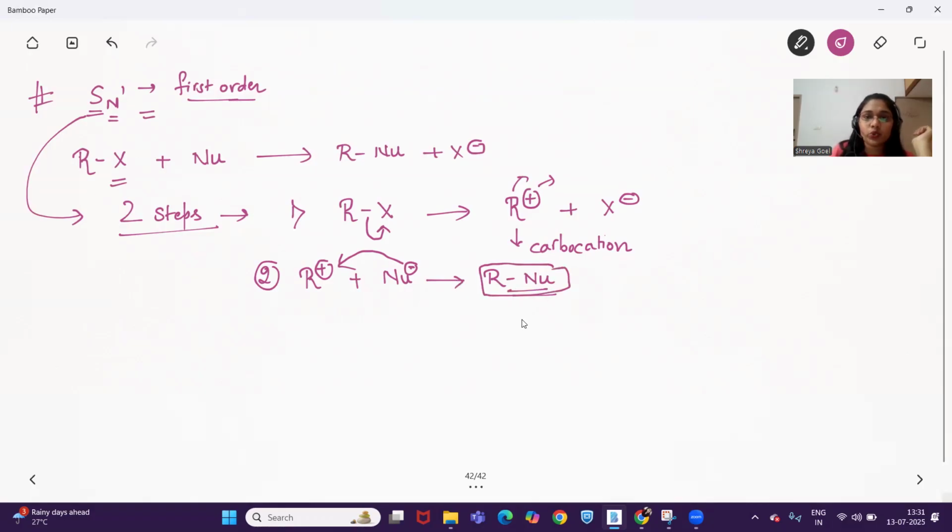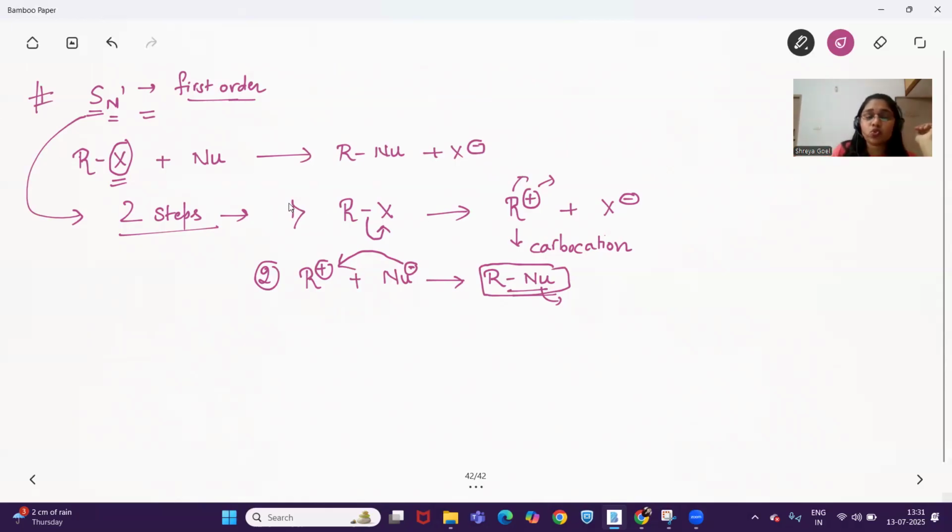As you can see, the nucleophile has substituted the X. The nucleophile has come here, X has gone. So these are the two basic steps which happen in SN1 nucleophilic substitution reaction. In both SN1 and SN2 mechanisms, substitution takes place, but the way, or mechanism, is different.